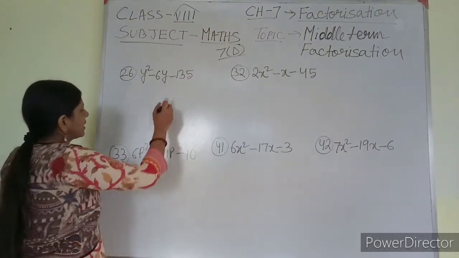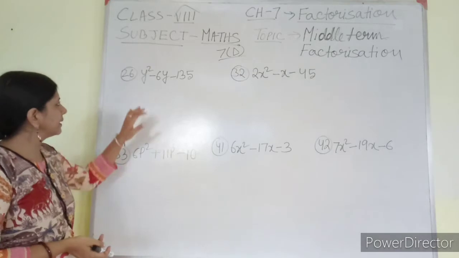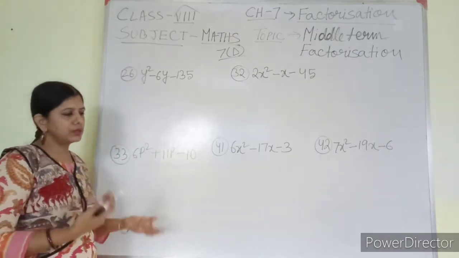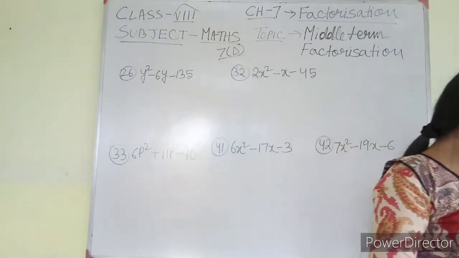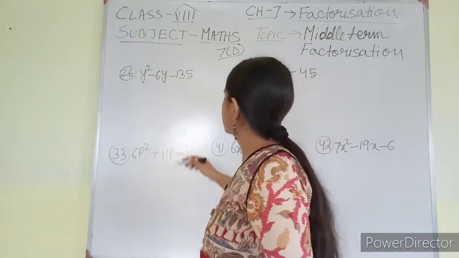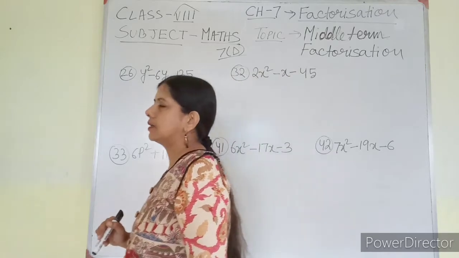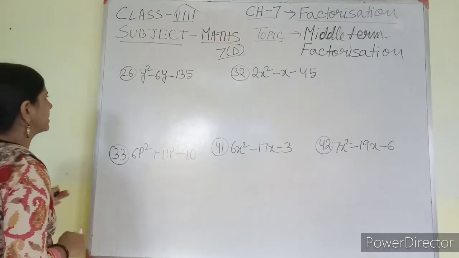In 26, I have to divide 135 into two factors so that I can get the answer as 6. So you just try to think how you are going to get the answer. 135 factors, there can be many factors. So 15 and 9, if you multiply, you will get 135. And 15 and 9, if you subtract, you will get 6.